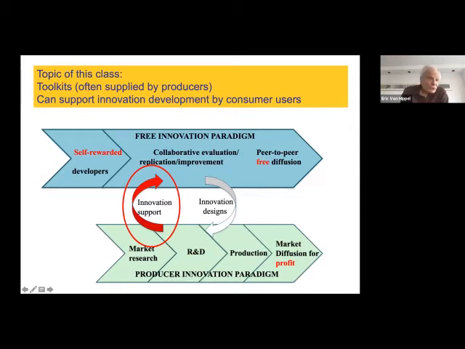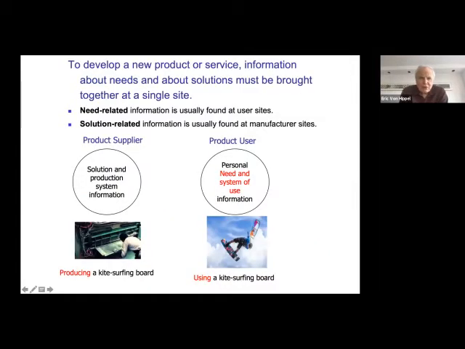And then also free groups like Linux and so on, they supply a ton of tools to enable not necessarily skilled users to go ahead and develop something they otherwise wouldn't. Okay?